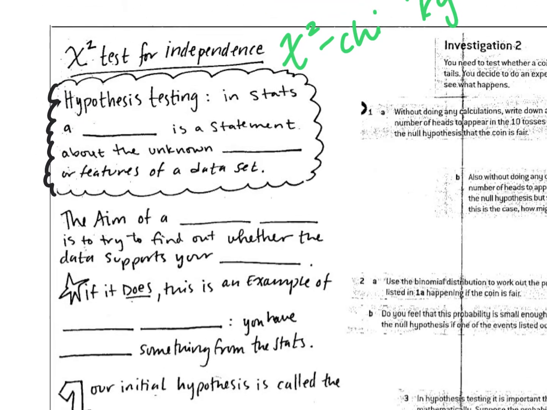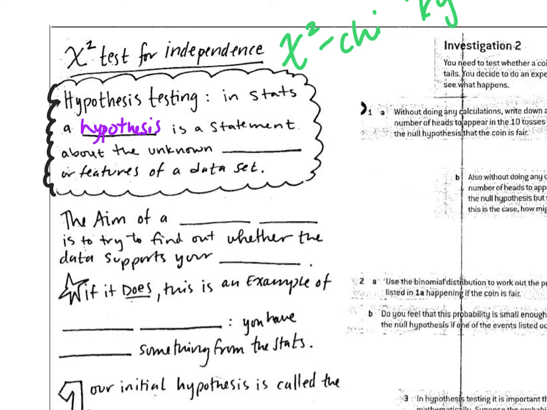Okay, so first bubble, hypothesis testing in stats. In stats, a hypothesis is a statement about the unknown parameters, the things you are measuring, or features of a data set.